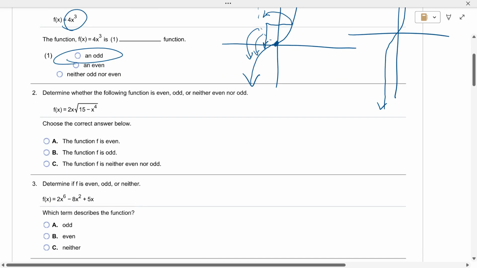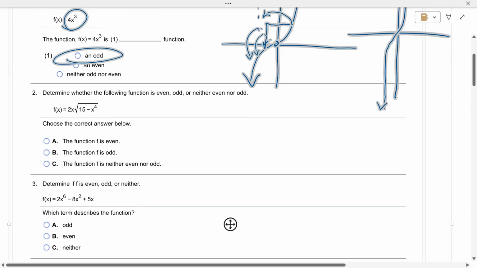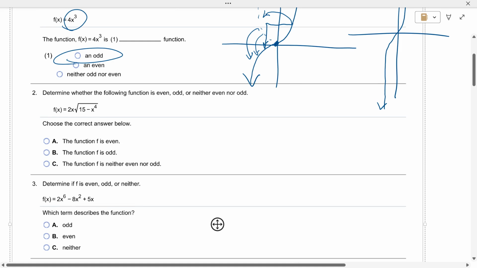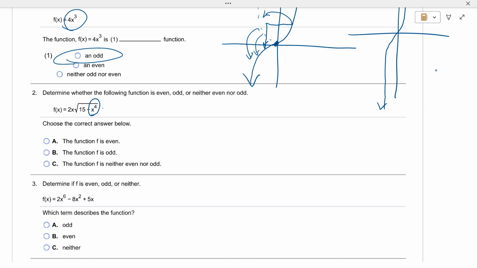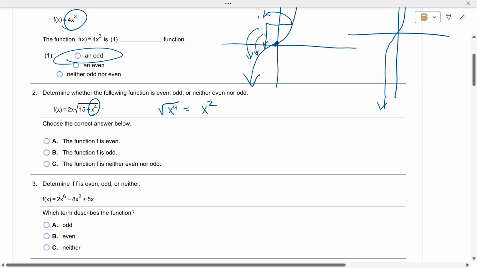Okay? Now, when you see something like this, you go, geez, I don't know what that is. What you could do is graph it on the graphing calculator and look, or what power is this right here? X to the fourth, right? If you take the square root of x to the fourth, that equals x squared. And then you have another x out front. If you have another x out front, it's like you're multiplying it by x.